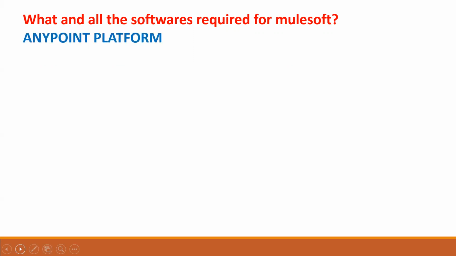First thing is Anypoint Platform. This Anypoint Platform is like the many applications we are using, Facebook, Gmail, like this it is also one of the applications. This will be completely free of cost. We can directly sign up with Google, like how we sign up for Facebook.